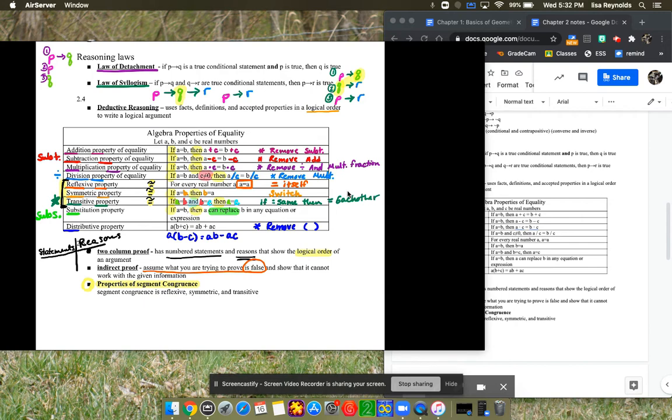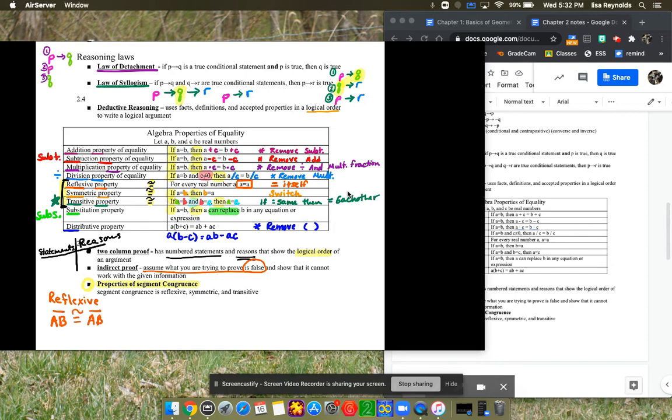So this is what that would look like. Our reflexive property would simply state that a segment is congruent to itself.